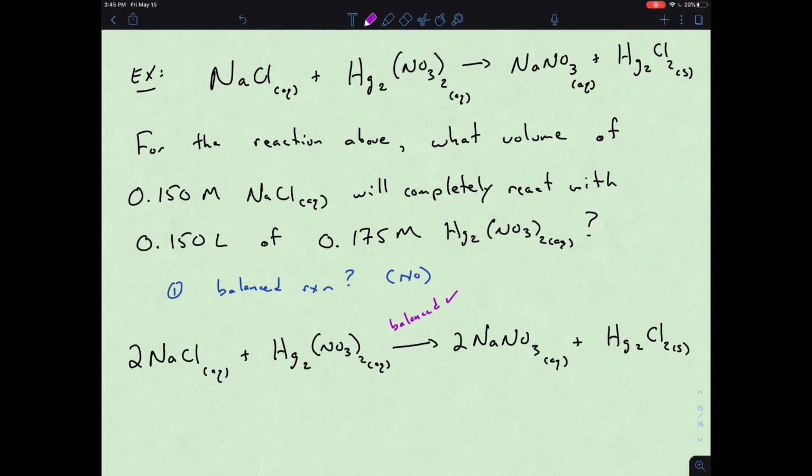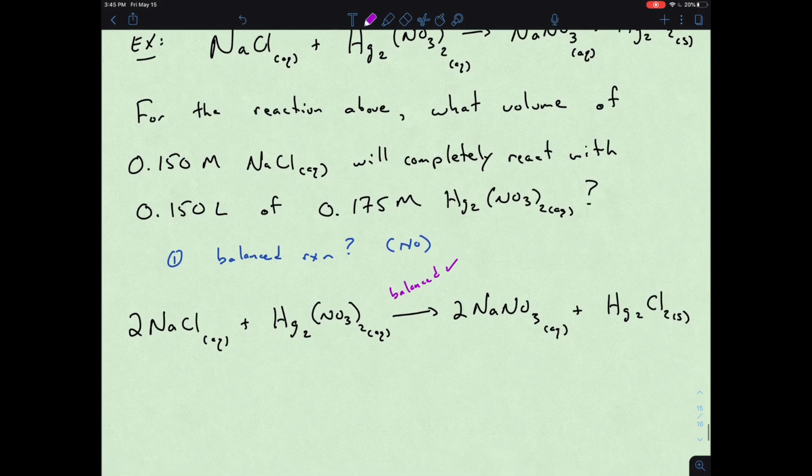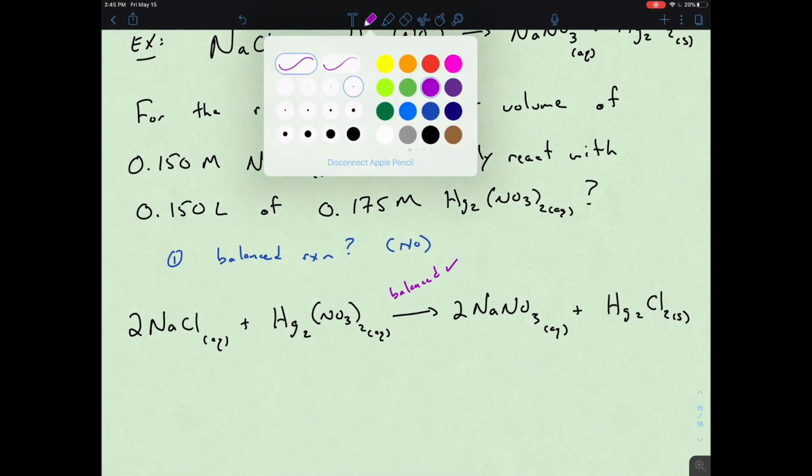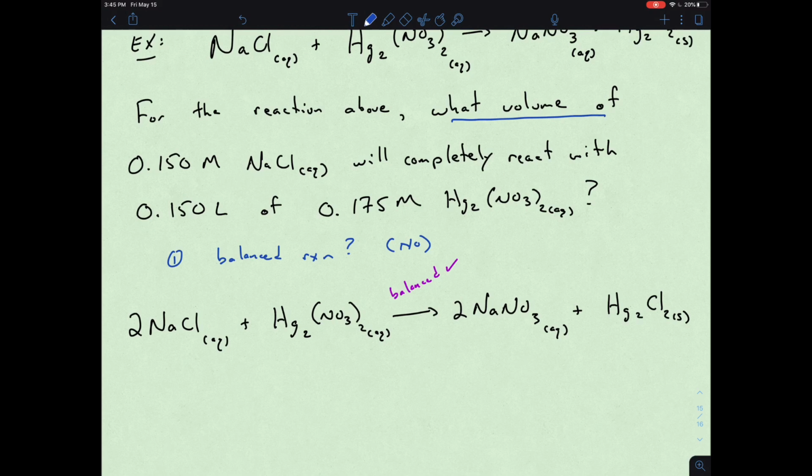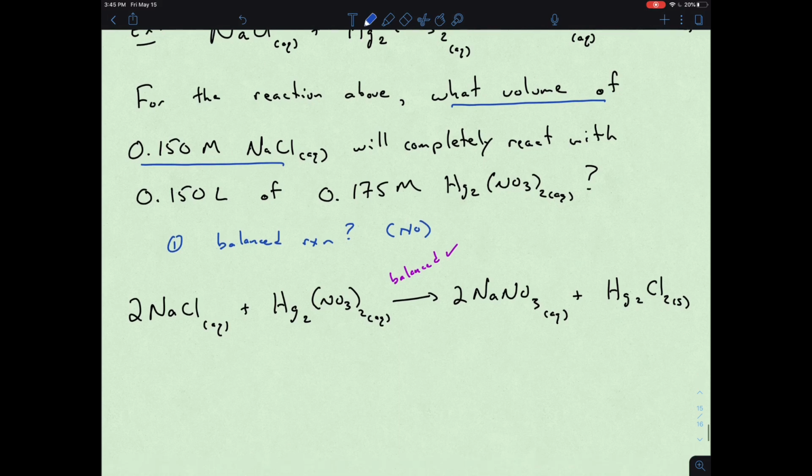And so now let's look at where we need to go. The question is asking us, what volume of this 0.150 molar sodium chloride do I actually need. So we can put that off to the right. We have this volume of 0.150 molar NaCl that we're looking for. And where are we beginning?